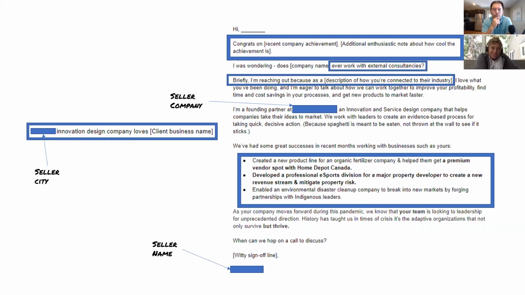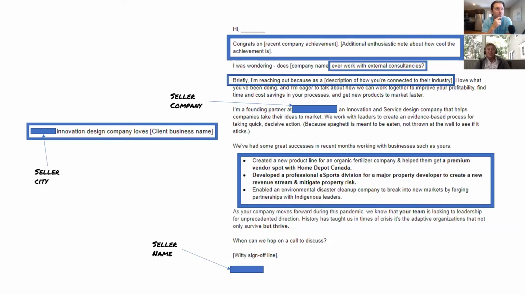So personalization is a good start, and I do like that about this email. The second part builds curiosity. Does blank ever work with external cold consultancies? Big word there. What I would probably do is keep this email at those first two bullet lines.